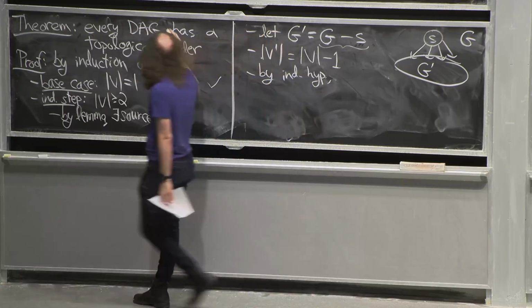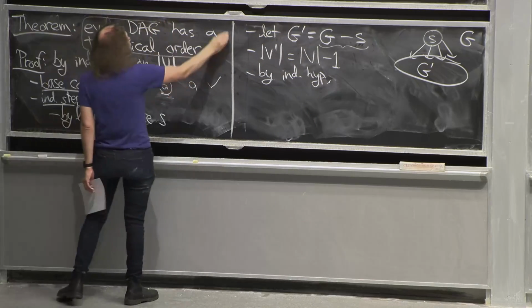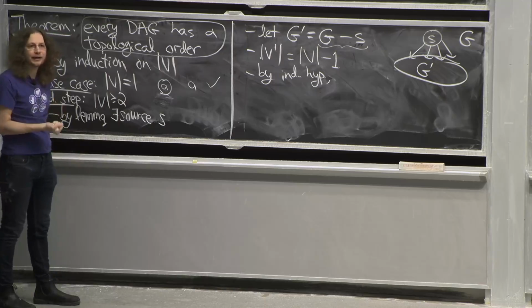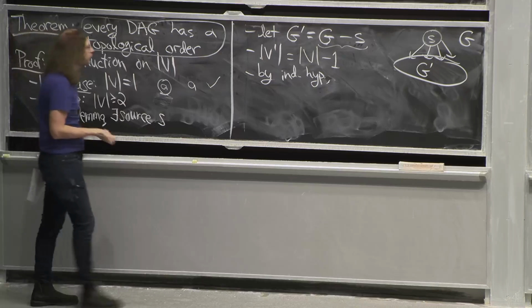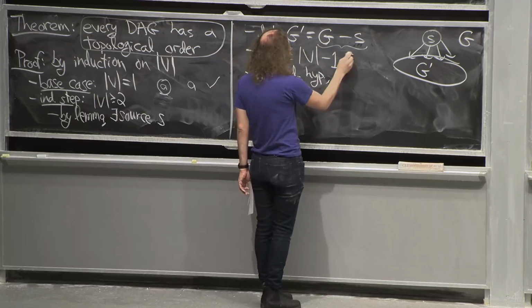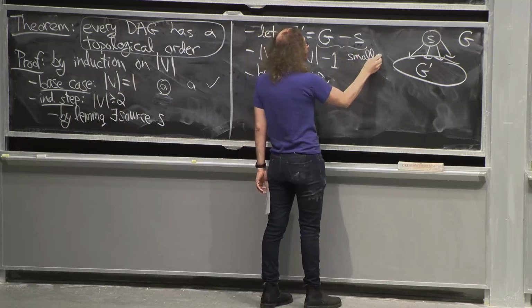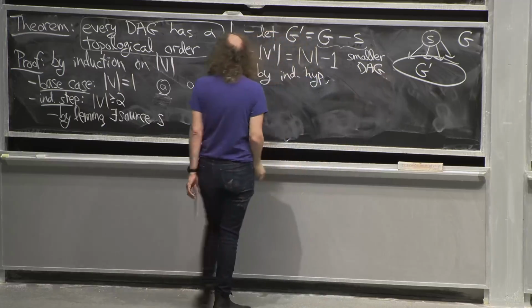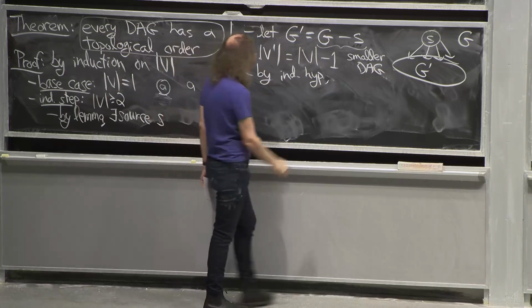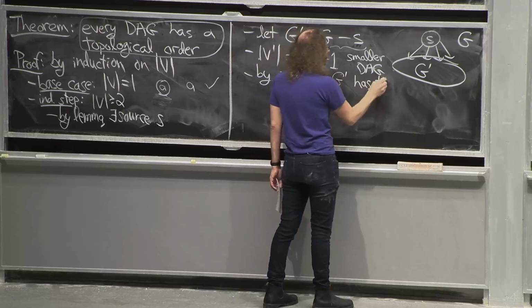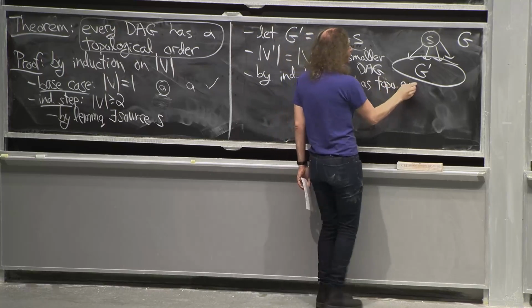I guess we also need to check G prime is a DAG. But if you remove a vertex, you're not going to add any cycles. So that's cool. So G prime is a smaller DAG according to the measure of number of vertices. So by the induction hypothesis, G prime has a topological order.